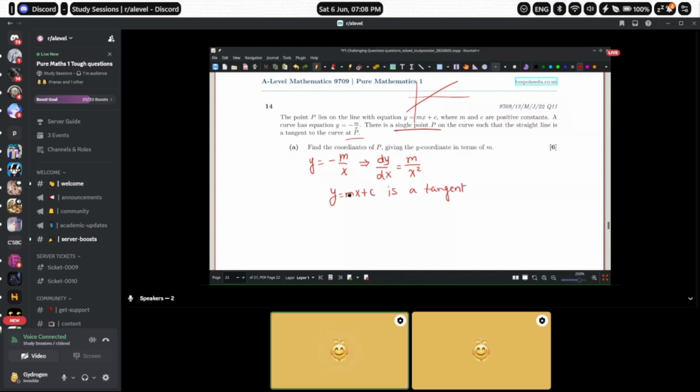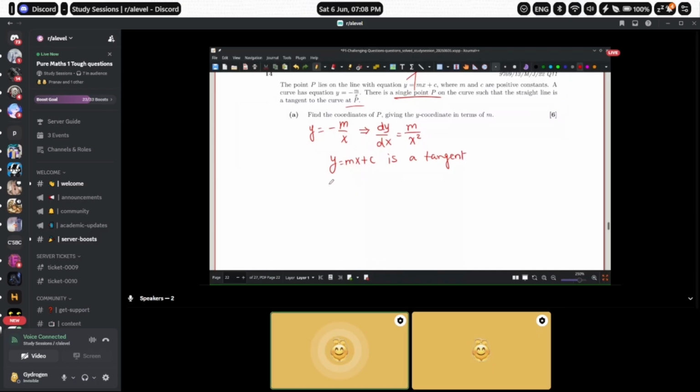Okay. So that means m over x squared is the gradient of the tangent, which is m. So that means x squared equals 1, which means x equals plus or minus 1.